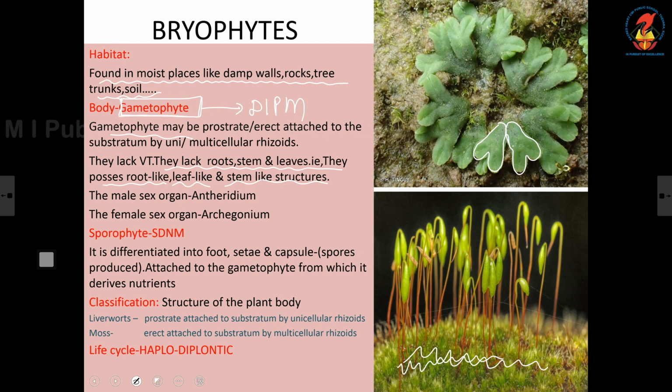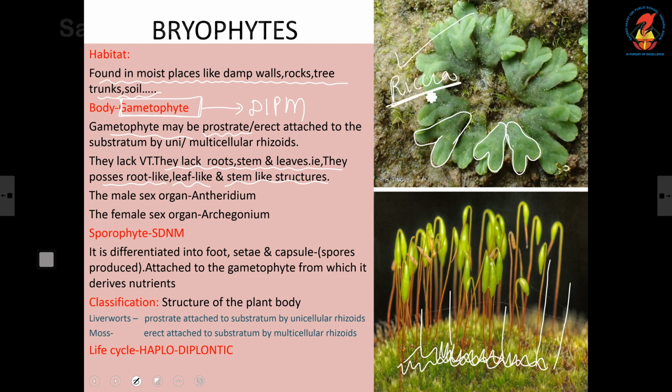And they can either be erect, like this, or they can be prostrate, flattened, appressed to the wall. Dorsoventrally flattened, a prostrate structure attached to the wall or the substratum. The meaning of prostrate is the one depicted here, the first one, and the example is Riccia. See, Riccia is also common on the walls.